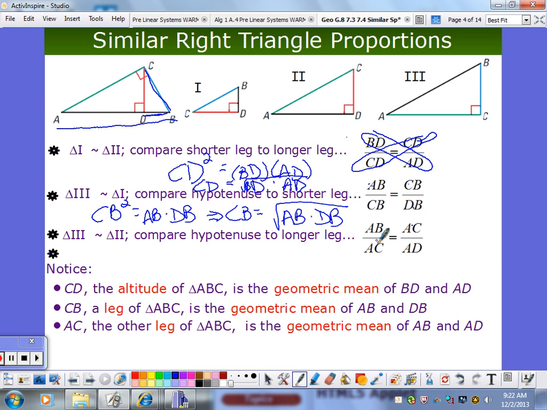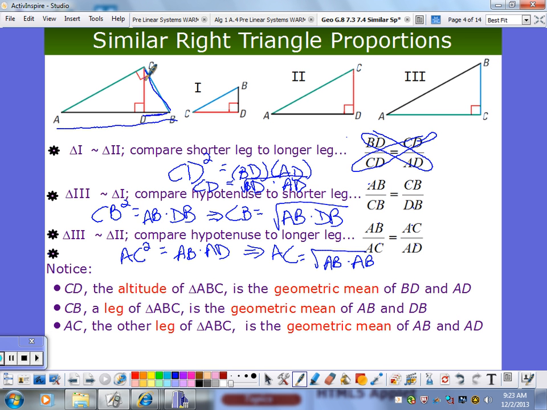And where's that coming from? Cross product. AC times AC, AC squared equals that times that, AB times AD. And what does that mean? That AC is the square root of AB times AD. And that's geometric mean. Take the product of 2 numbers and its square root, you have geometric mean.